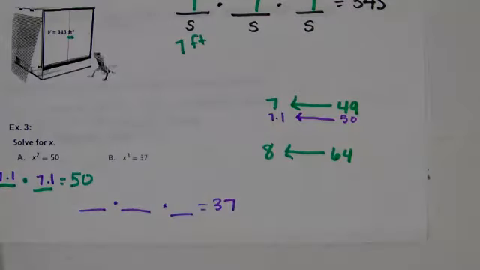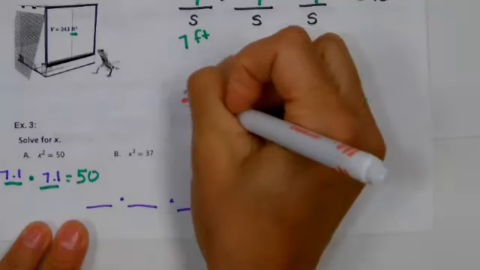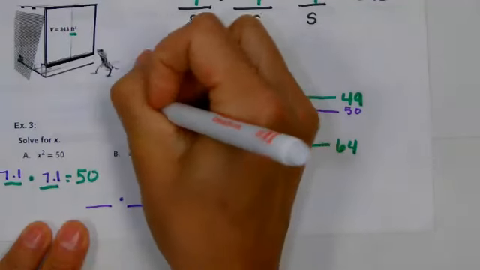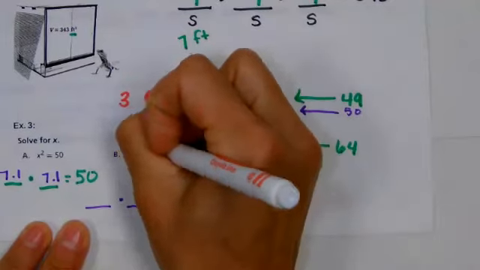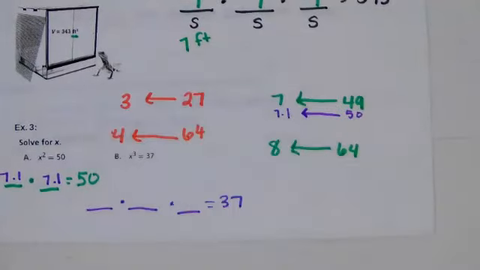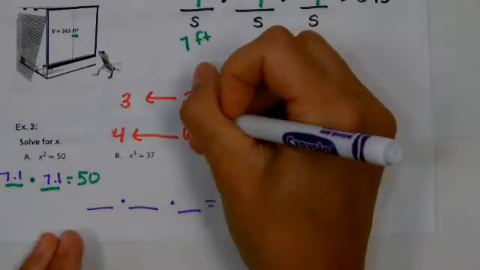Right? So very similarly, I'm going to use a different color for this. So I know the cube root of 27 is 3. The cube root of 64 is 4, right? Okay, is 37 closer to 3 or 4 now? Yeah, closer to 3. Let's give it an estimate.